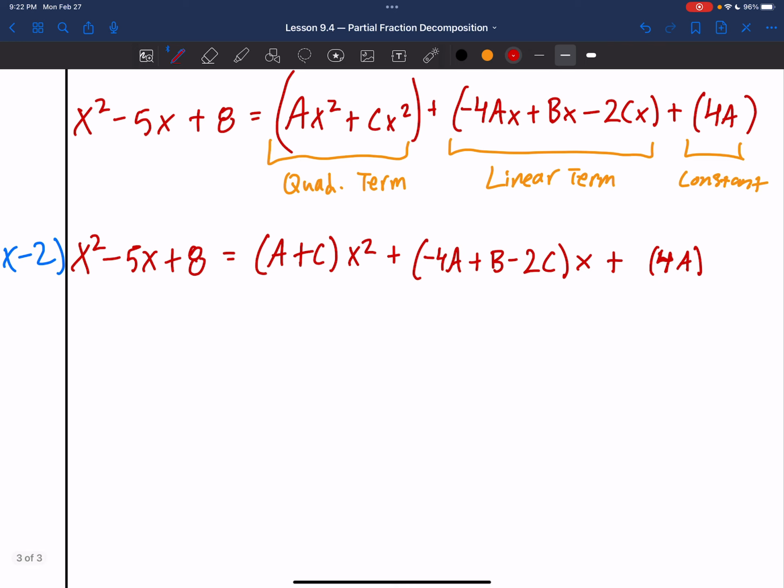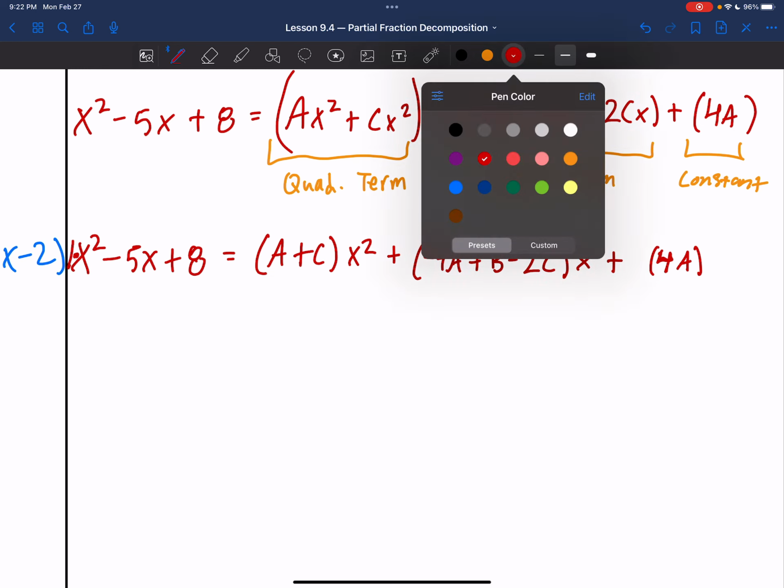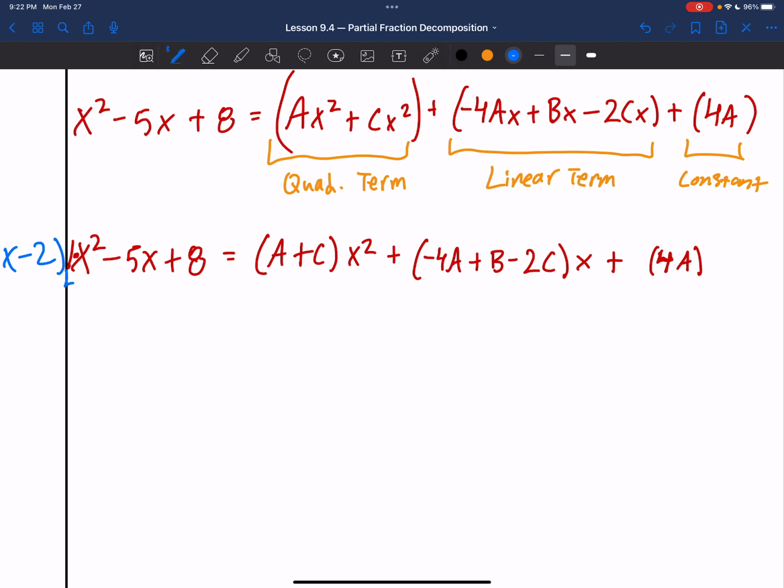Make sure this is a 1. Let me use different colors to show you. 1x squared corresponds with a plus c x squared. Therefore, a plus c equals 1.